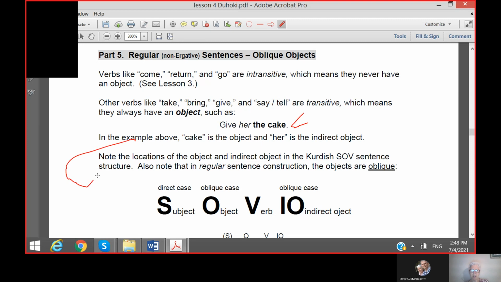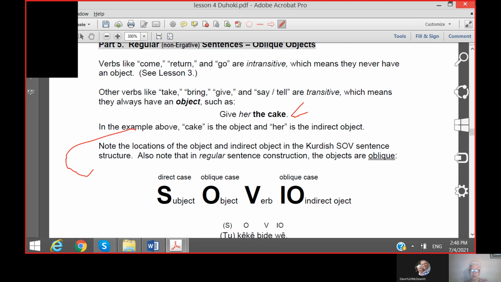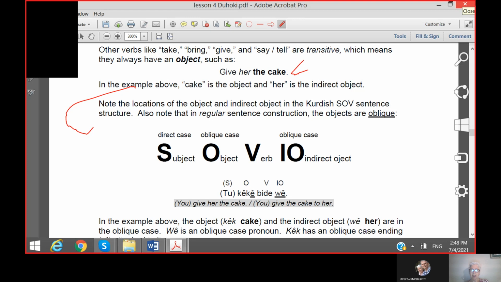Note the locations of the object and indirect object in the Kurdish SOV sentence structure. Also note that in regular sentence construction, the objects are oblique. Those are oblique. SOV means subject, object, verb, and an indirect object if you have one.